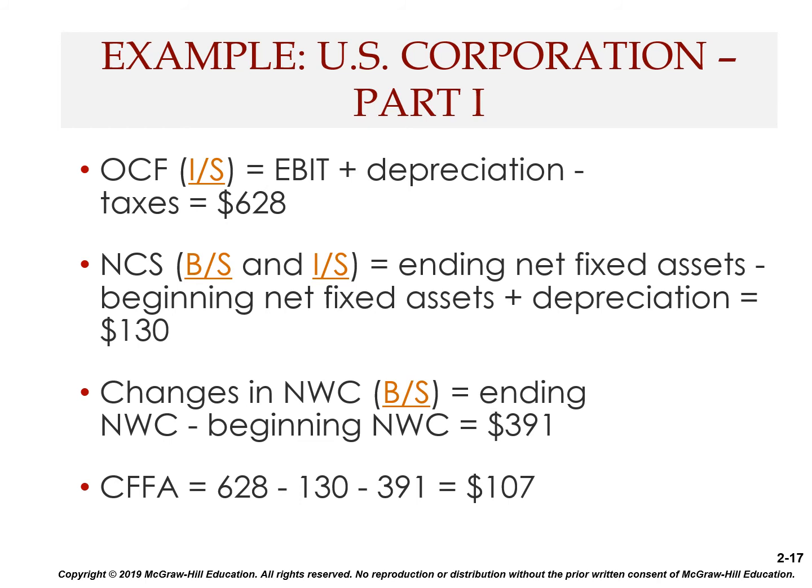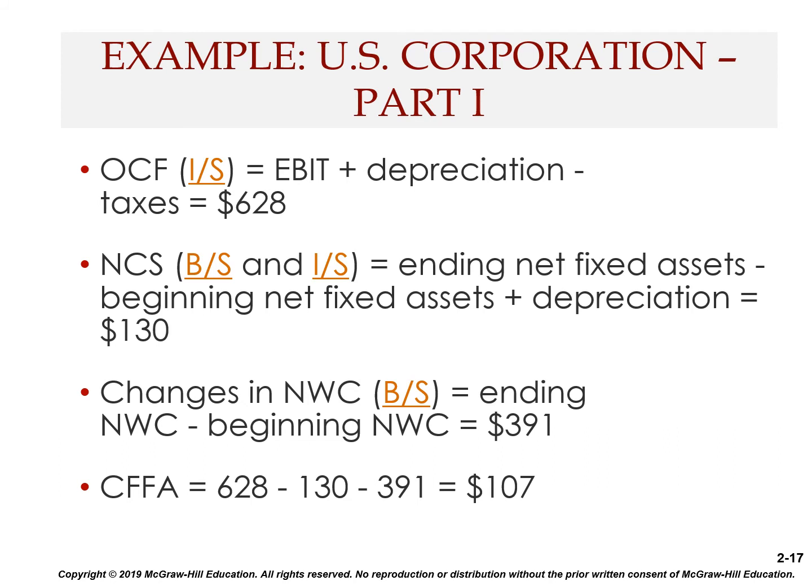We take earnings before interest and taxes, add depreciation, and subtract taxes. We don't subtract interest, because that is part of the payment to the creditors. We're trying to figure out the total cash from assets that will be paid to the creditors and to the stockholders.